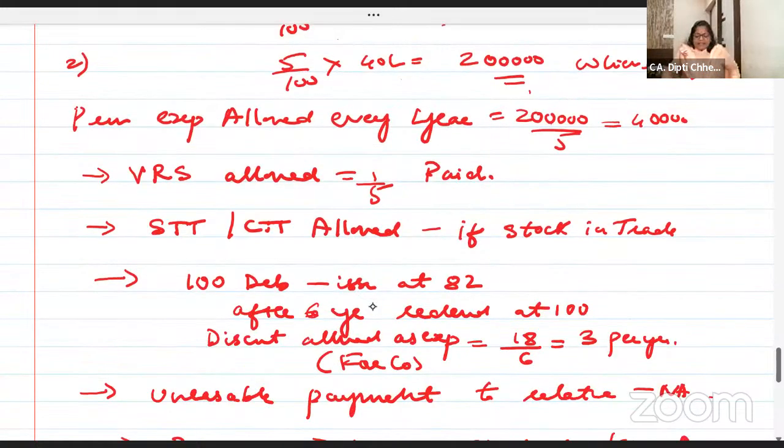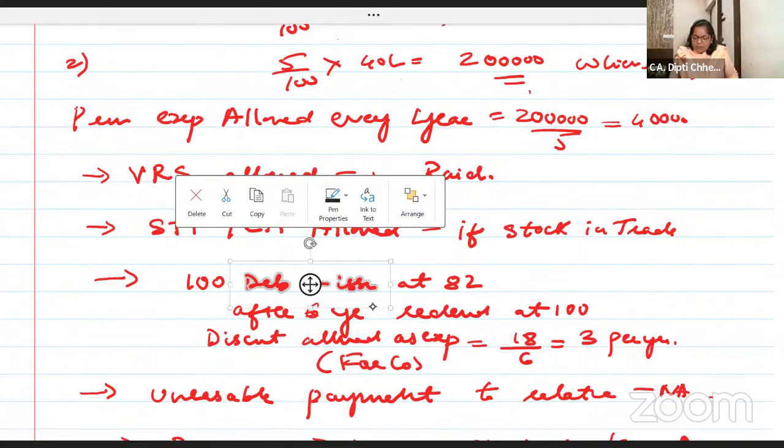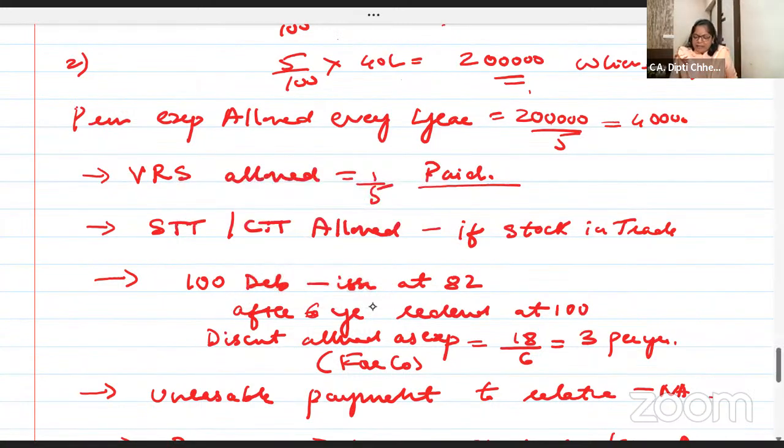Now, someone is taking voluntary retirement, then VRS, whatever you pay as an employer, it is allowed 1/5 every year. I'm again repeating whatever you have paid. If VRS is 5 lakh, but right now you have paid 4 lakh. 4 lakh divided by 1/5 will be allowed every year under section 35D.